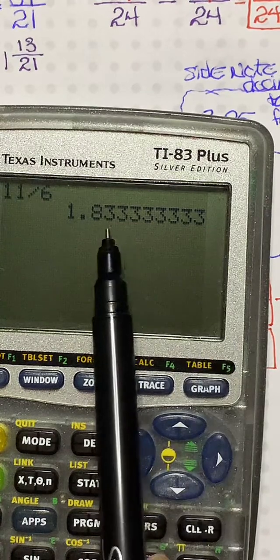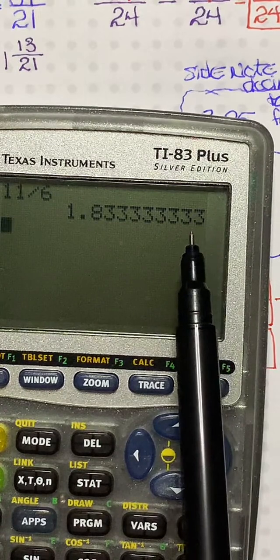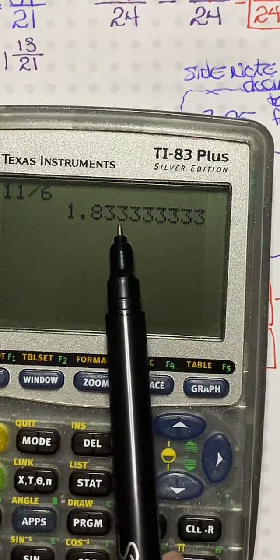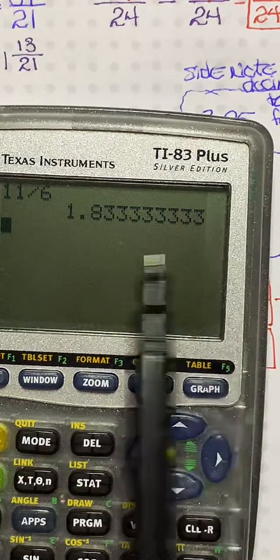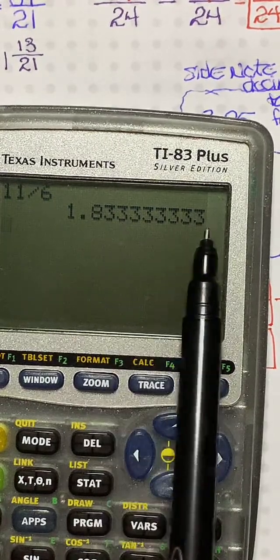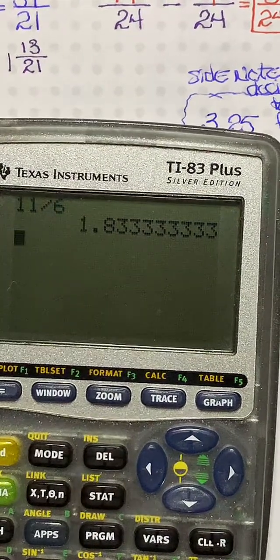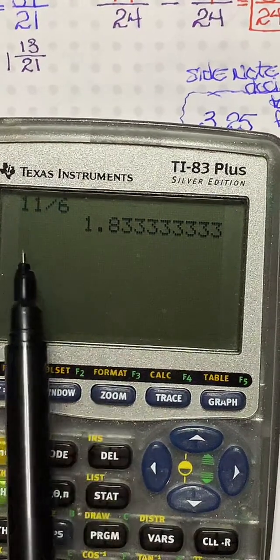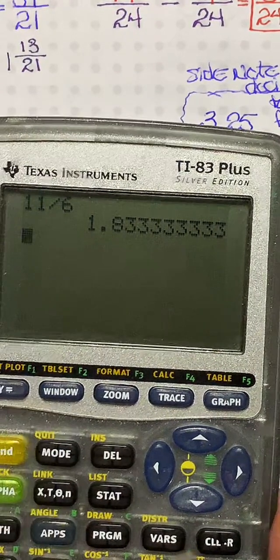It's like you're friend-zoning all those 3's. You're like, we can get together, but not really get together, right? So we can't ignore all those. By keeping it as a fraction or as a mixed number, you're keeping its value. So if they ever ask, give us the exact value, keep it as a fraction, okay?